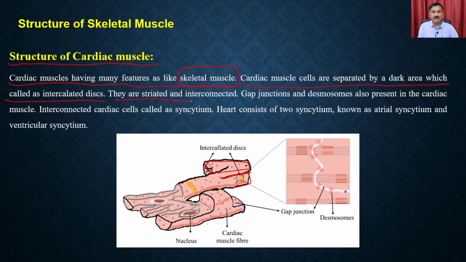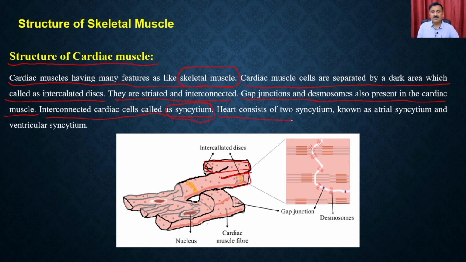They are striped and interconnected, just like skeletal muscles. Gap junctions and desmosomes are also present in the cardiac muscles, and the interconnected cardiac muscle cells are called a syncytium. This means they have fused cells.